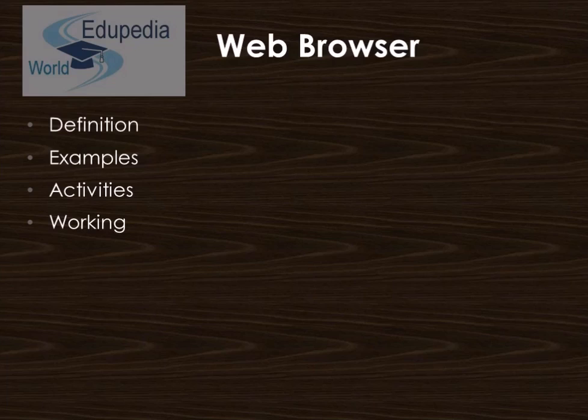When you type a web page address such as worldwideweb.edupediaworld.com into your browser, that web page in its entirety is not actually stored on a server ready and waiting to be delivered. In fact, each web page that you request is individually created in response to your request, and this is actually the work done by the browser, that is, to make a web page available as soon as it is requested.